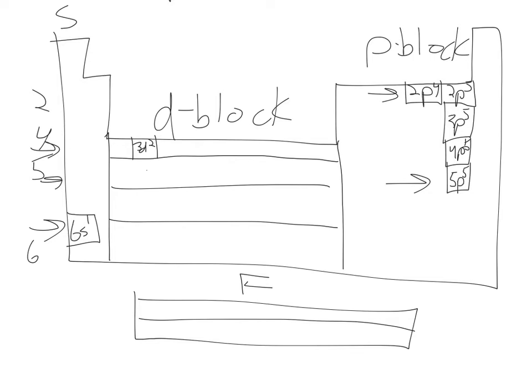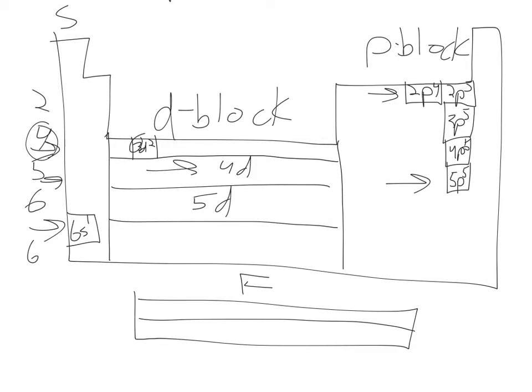You might have noticed anything in this row was a 4d element, and this row was a 5d element, even though these are rows 4, 5, and 6, respectively. Ignore the fact that I drew cesium a little off-center there. Cesium should be in row 6. So the D block elements, their numbers for their energy levels look like they're one behind the row. If the row is row 4, the energy level seems to be row 3.